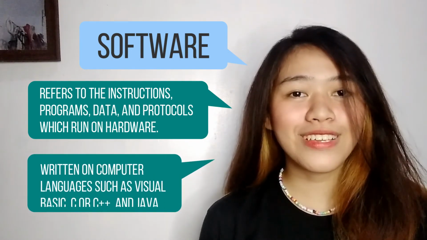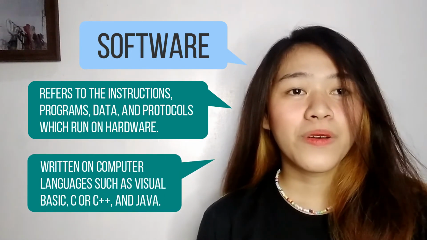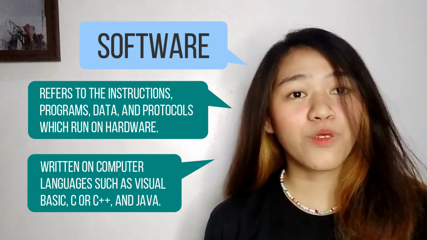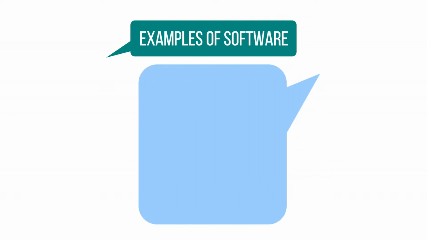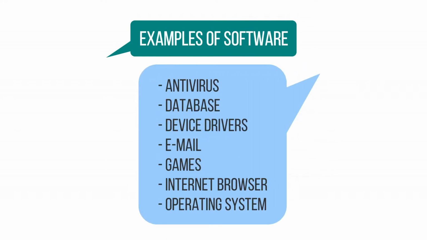The software is written in computer languages such as Visual Basic, C or C++, and Java. Examples of software include antivirus, database, device drivers, emails, games, internet browsers, operating system, and more.